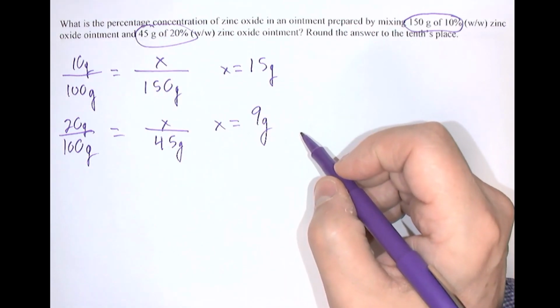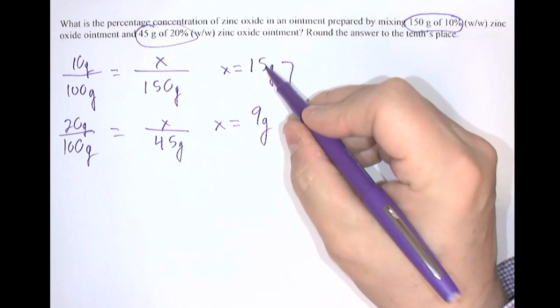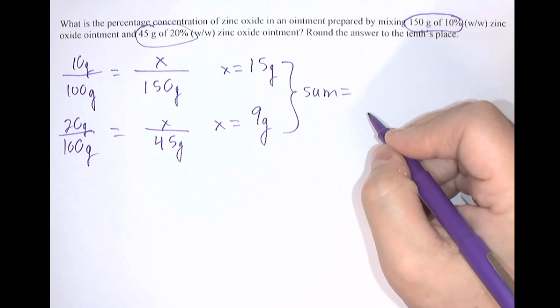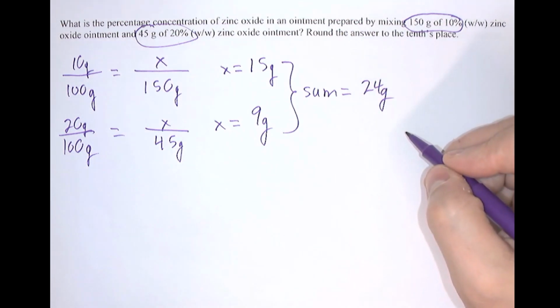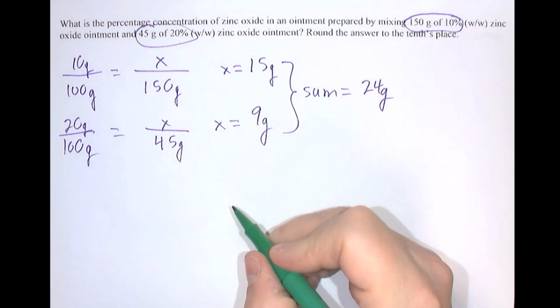Okay, so one thing that'll be useful is if we take the sum of the 15 grams and the 9 grams, that'll give us a total of 24 grams. So our final product is going to have 24 grams of zinc oxide. Now, the final product though, what's the total quantity going to be?